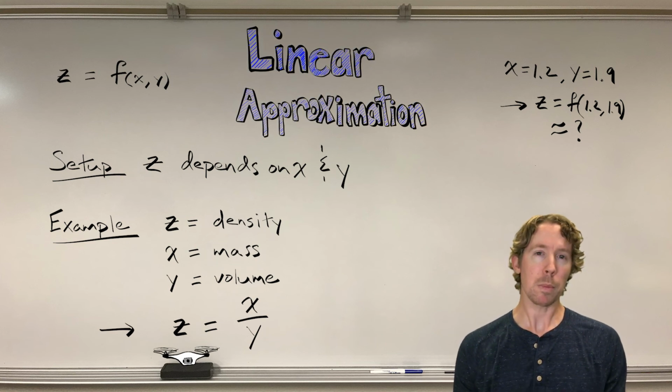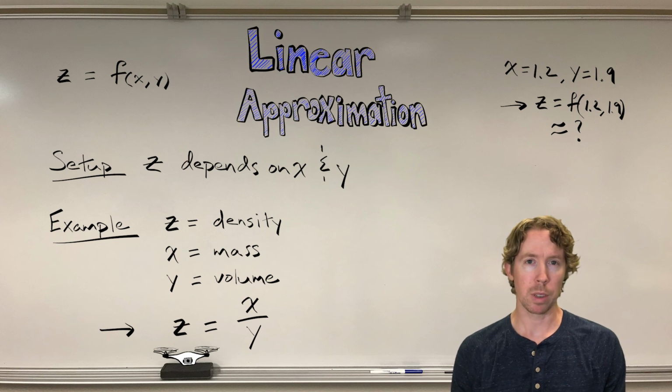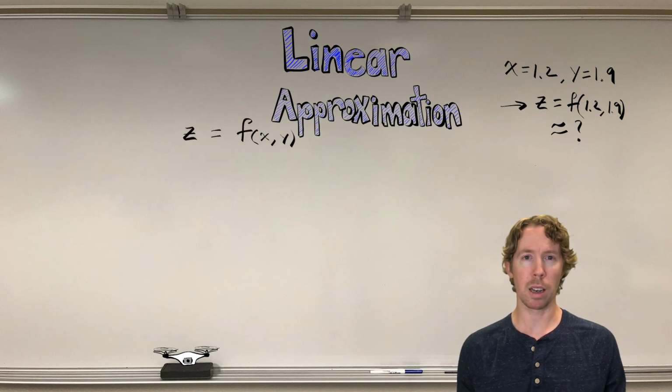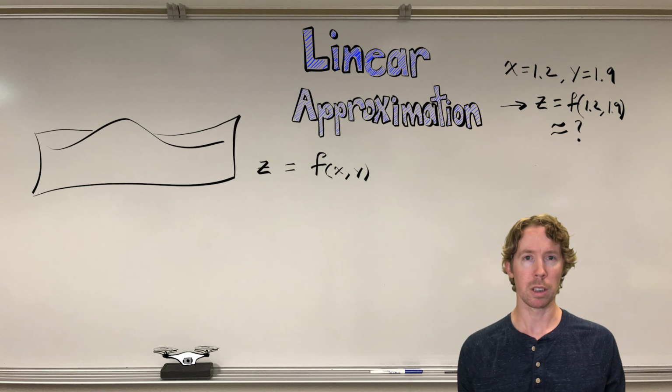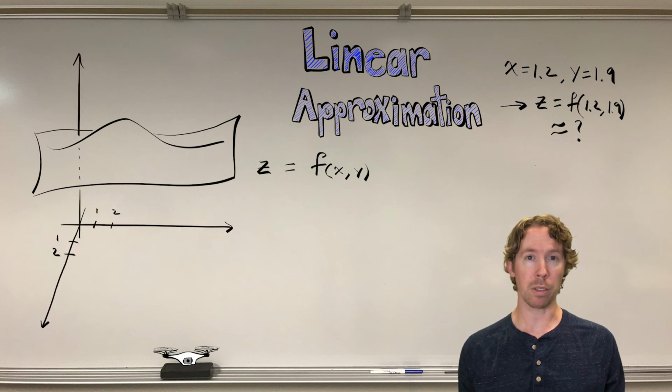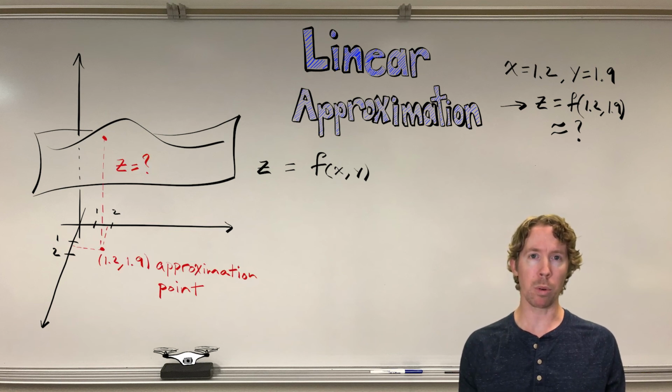So the first thing that we're going to do is take this complicated curvy surface, that's the graph of z equals f of x y, and we'll find a place somewhere close to the point 1.2, 1.9 where we know the z value.